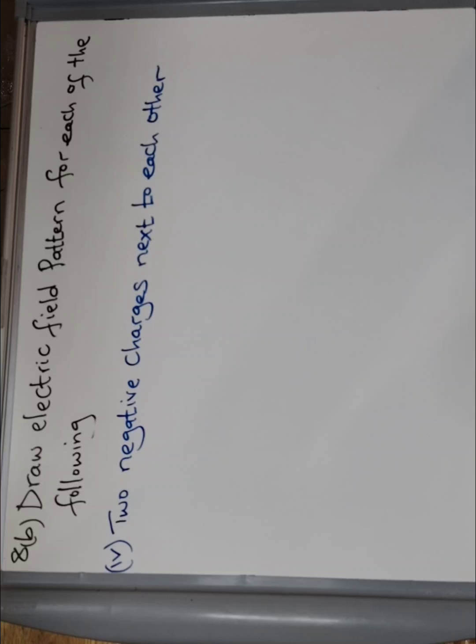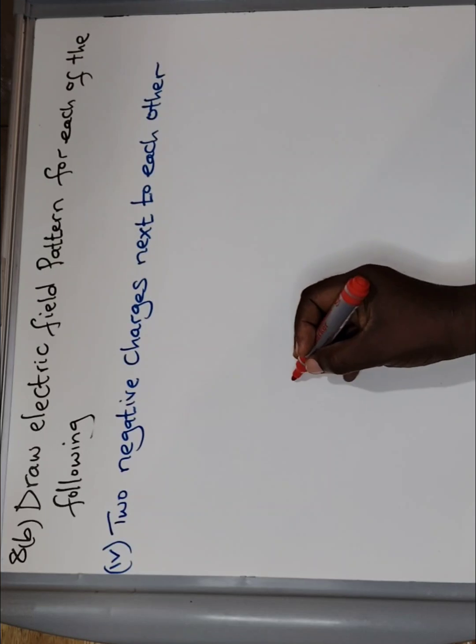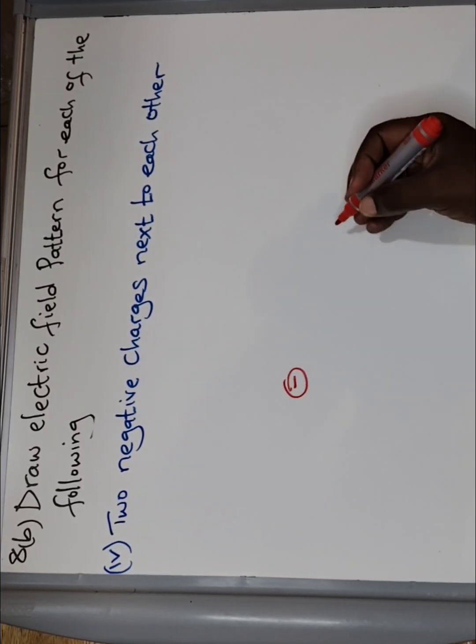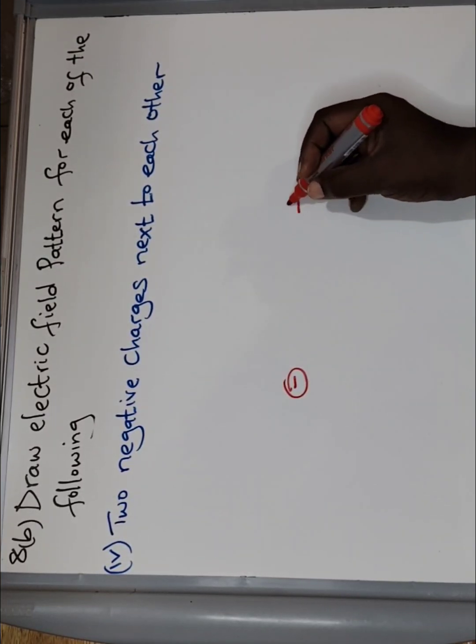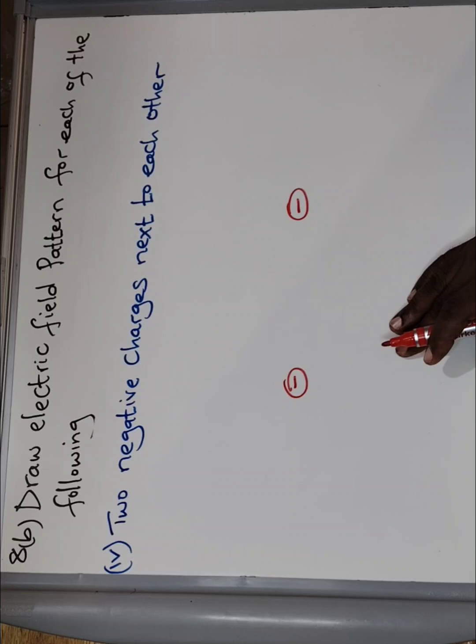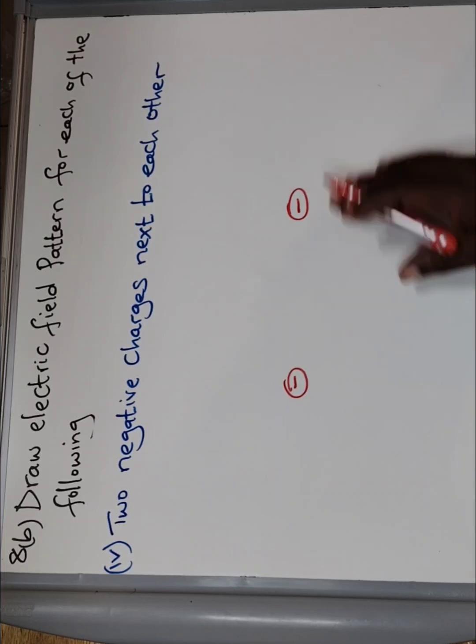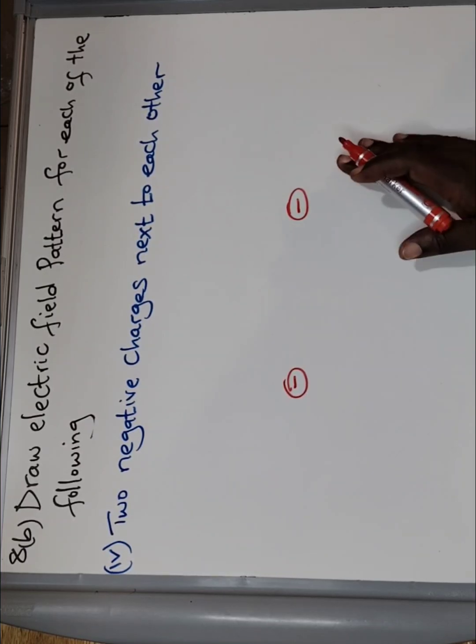Then comes this question. It wants electric field pattern for two negative charges next to each other. So what do we have? You have here a negative charge next to another negative charge. They are like, and they hate each other.